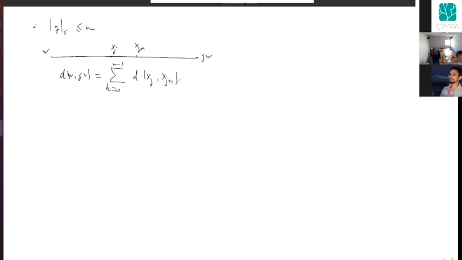And now remember that this is at least the same sum where I stop at n minus 2. But now these distances, I know them. They are exactly d over 3. How many terms do I have in this sum? Exactly n minus 1 terms times d over 3.